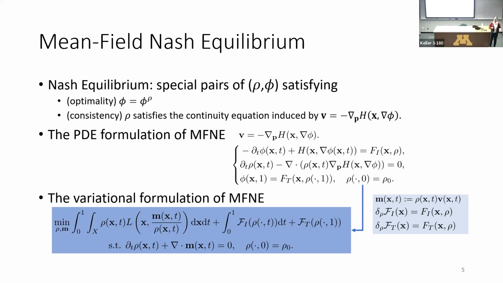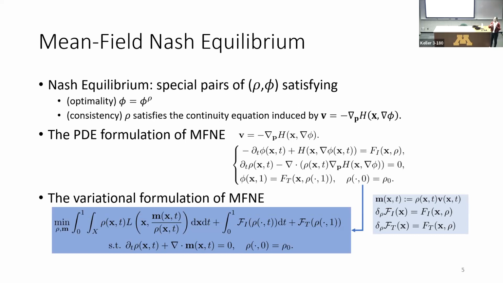So you may ask, what's the good thing about this formulation and the optimization formula? Let's first take a look at this constraint. Although it's the PDE constraint, if you take a close look at it, it's linear in terms of rho and M. So we have an optimization problem with linear constraint. That's a very nice property.